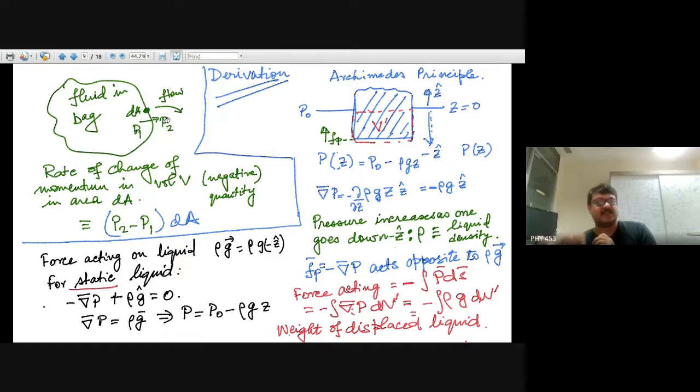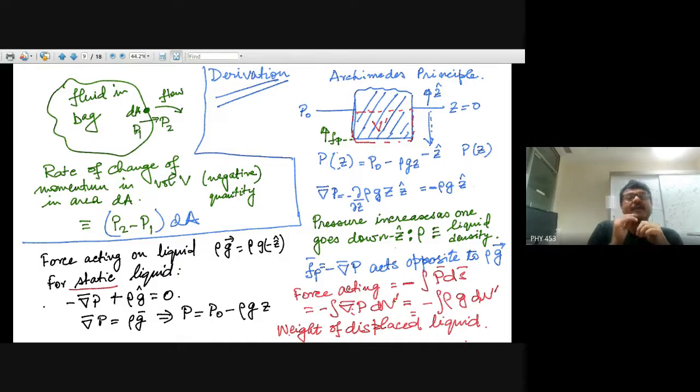Of course, as fluid flows out, this P1 and P2 will change because there will be a pressure drop. Outside, the pressure might be the same. So you have to take (P1 minus P2) times dA as the force in a unit time, then integrate over it too. Right? So that's the broad idea.